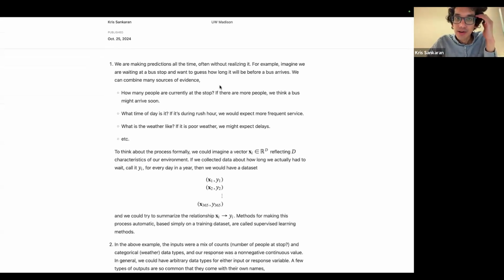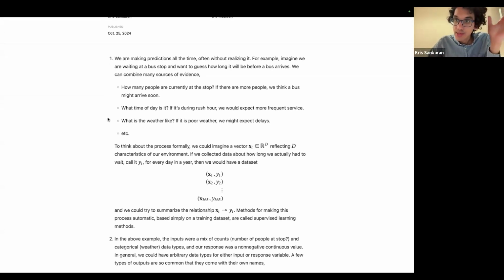In the back of my mind, especially when you live in a cold place like Wisconsin, you think, how long am I going to have to be waiting at the bus stop? I'm adjusting my prediction: if it's very poor weather, internally I might predict it's more likely to be some delay.